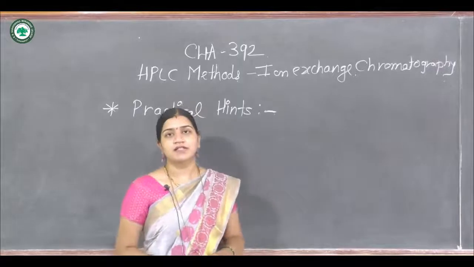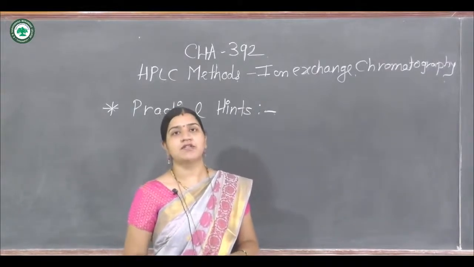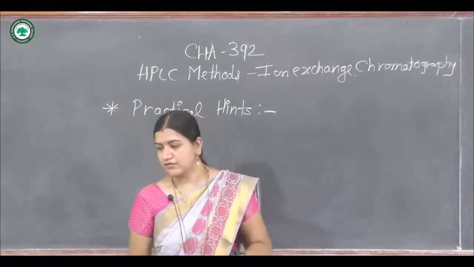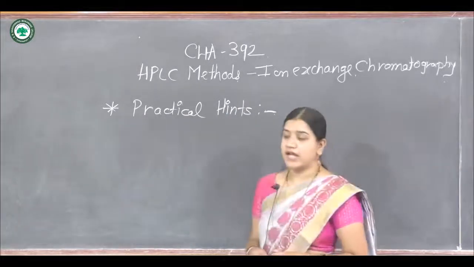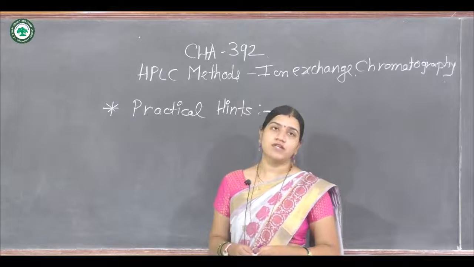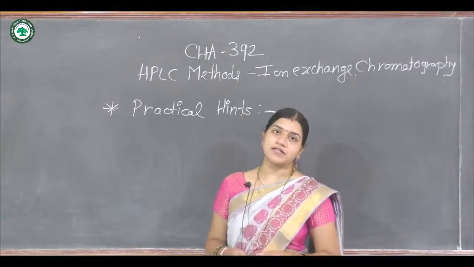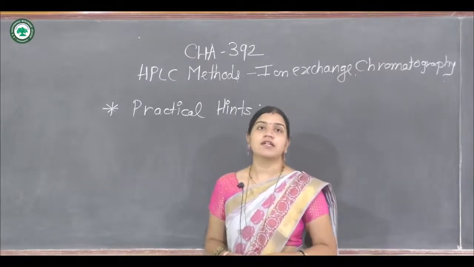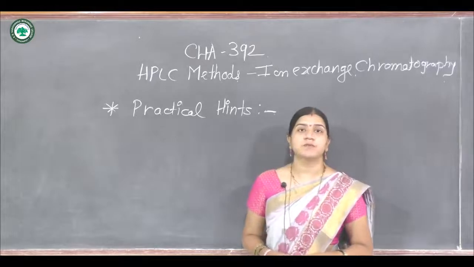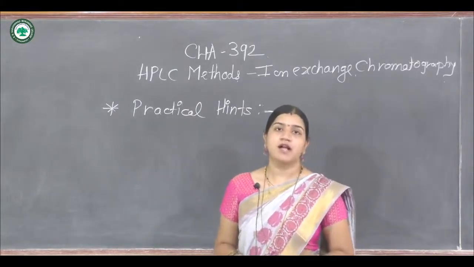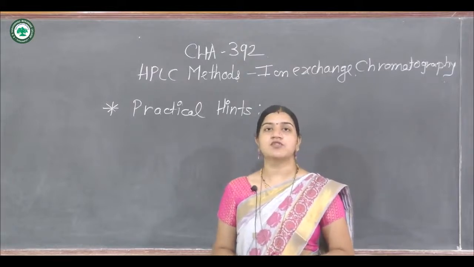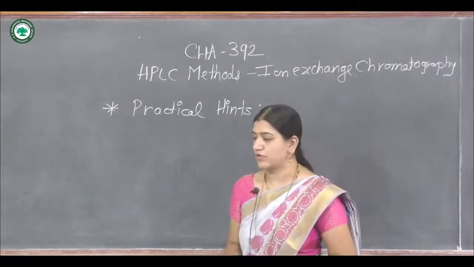Now, as far as the practical hints of ion exchange chromatography are concerned, you always have to consider the pH and the pKa value. For the cation exchange chromatography, the pKa value should be lower than 1.5 times, and for the anion exchanger it should be greater than 1.5 times.